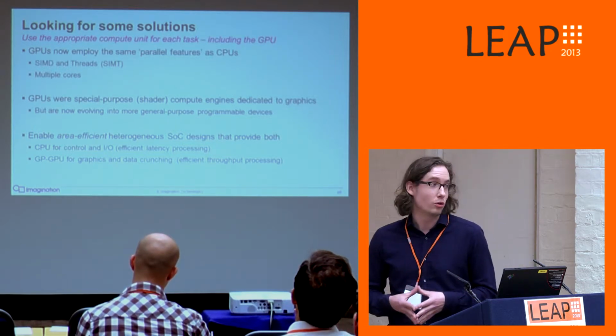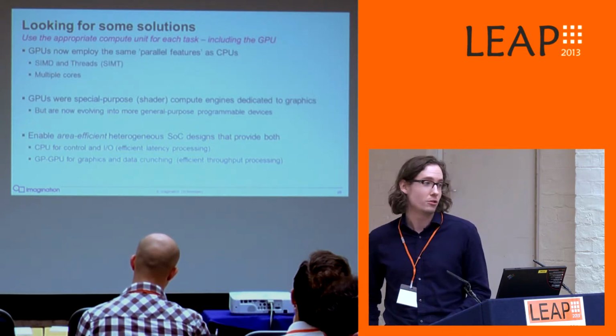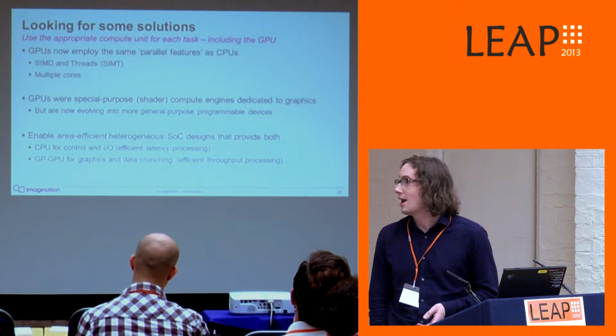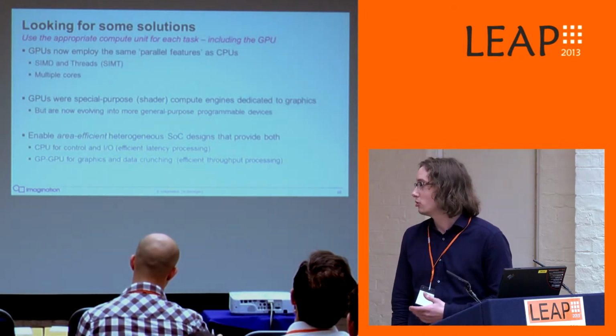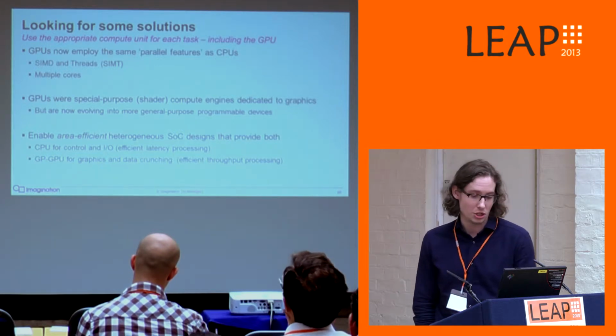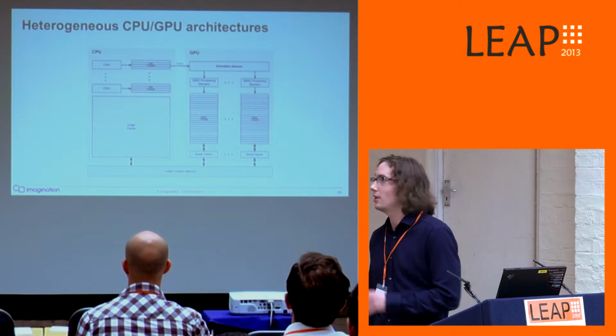And what effectively we're working towards, you can think of it as a computational block where you have efficient latency processing through the CPU, and efficient graphics and some form of data crunching, so efficient throughput processing, on the GPU. And what we have today looks a little bit like this.